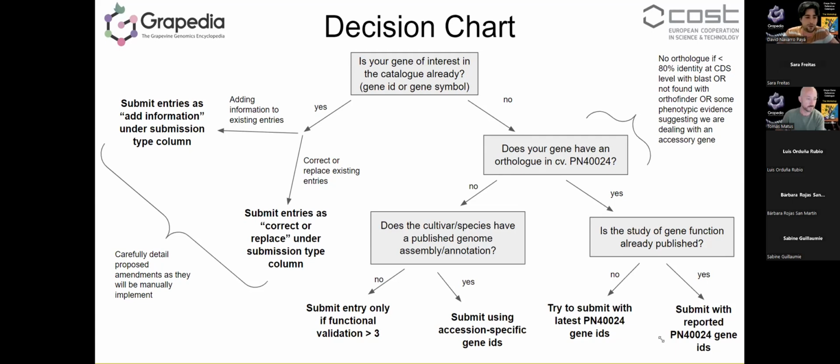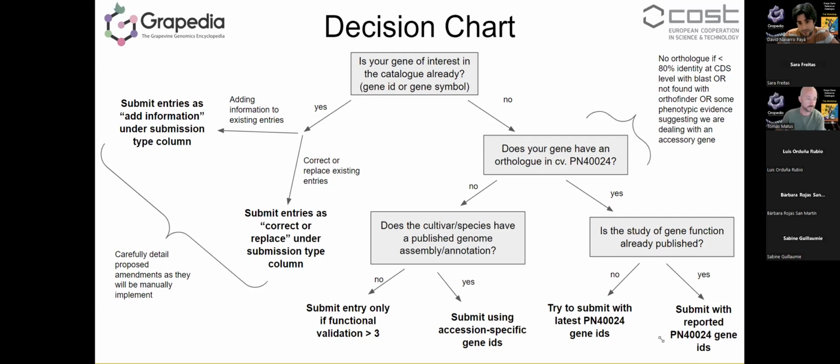But the idea is that submissions go together with a paper that we can refer to. And if the study is already published, we recommend to submit the IDs as reported by the study, so that we have traceability. Even though in the final catalog you'll have the updated annotation version, we'll keep the original ID to trace potential errors if we find them.